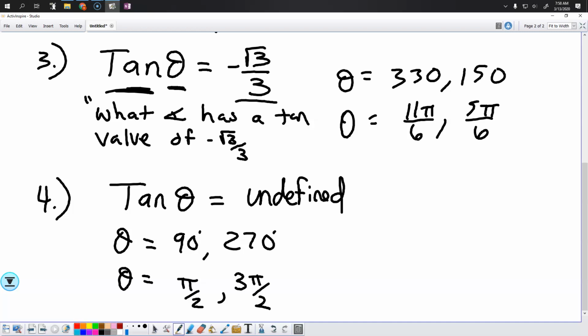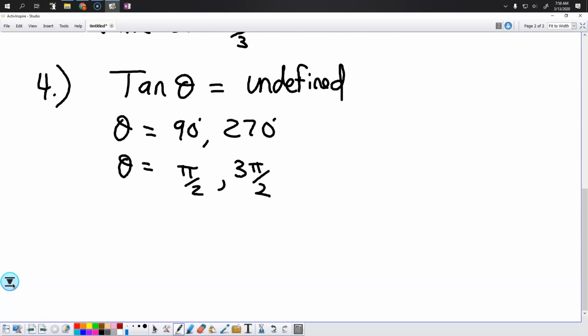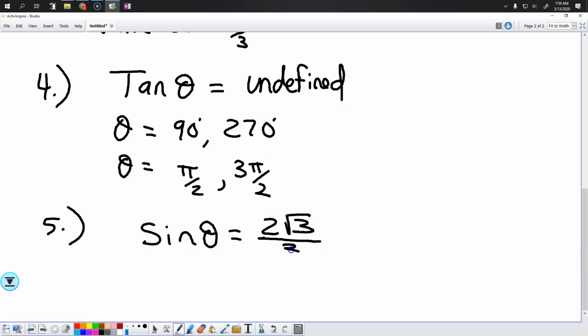Last situation I want to share with you before I set you guys loose would be this: sine of theta is equal to 2 radical 3 over 3. Okay, so when I'm looking at sine, we're looking for a what value?